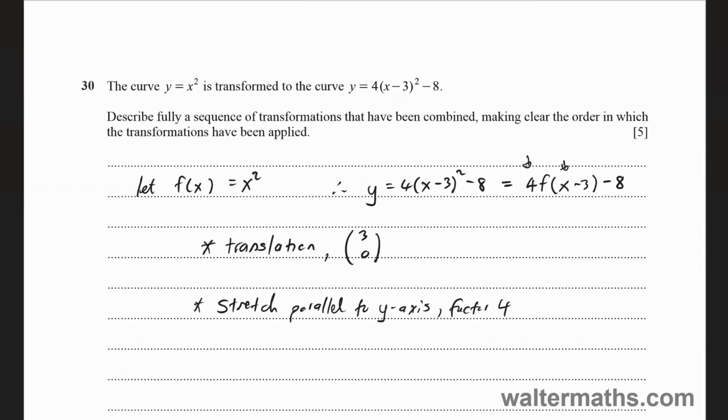Then the third transformation is a translation again of vector (0, -8). So 1, 2, 3. That's the order in which the transformations were applied.